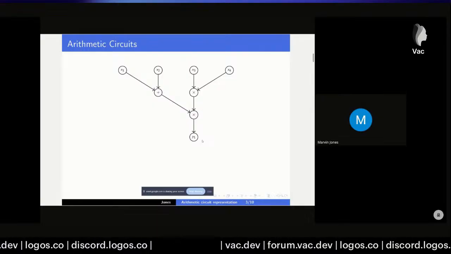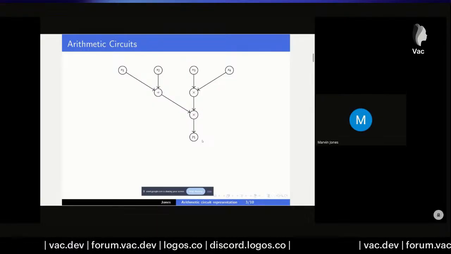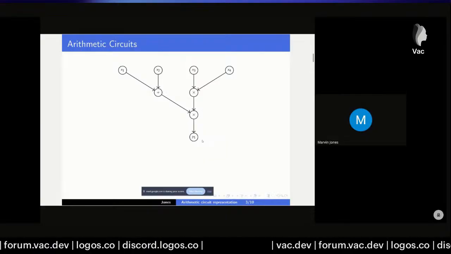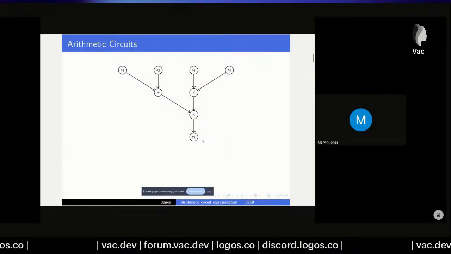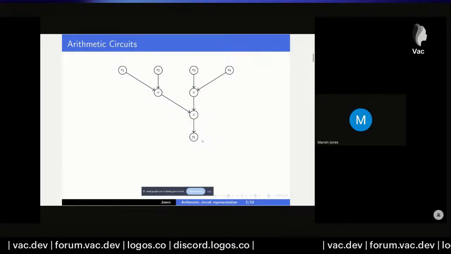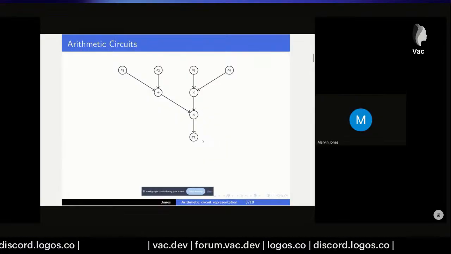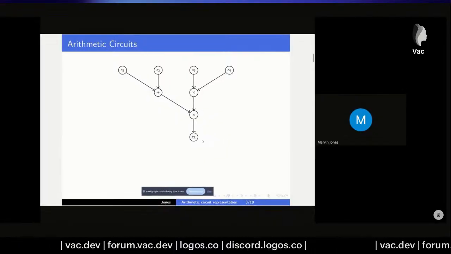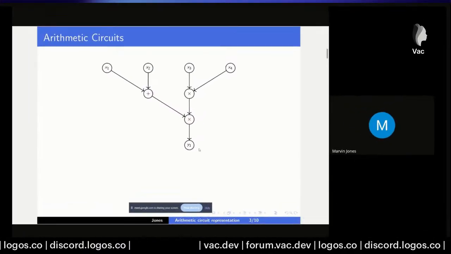arithmetic circuits. To give you mentally an image of one, you could imagine Poseidon. If you work with Poseidon hash functions, you can imagine all those operations being laid out as a massive arithmetic circuit.